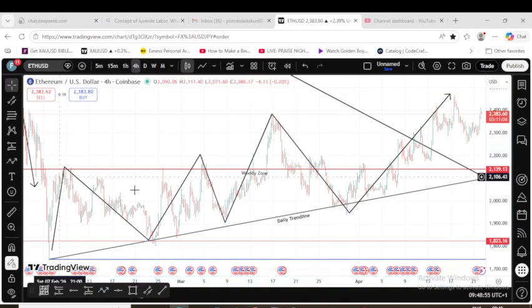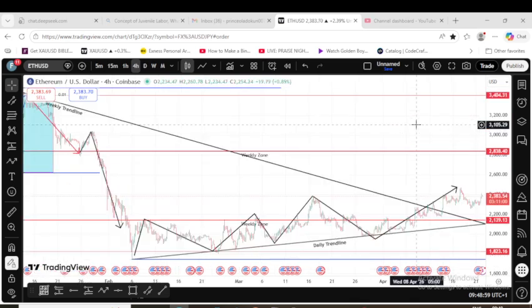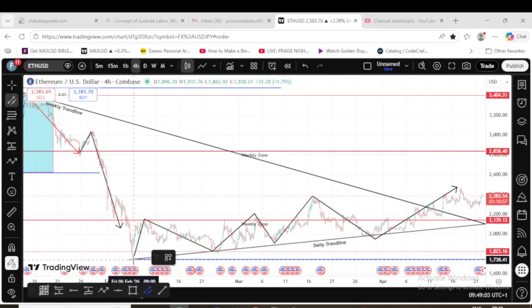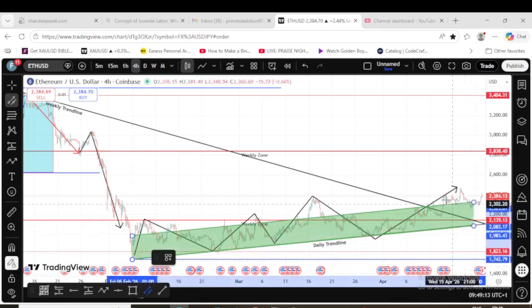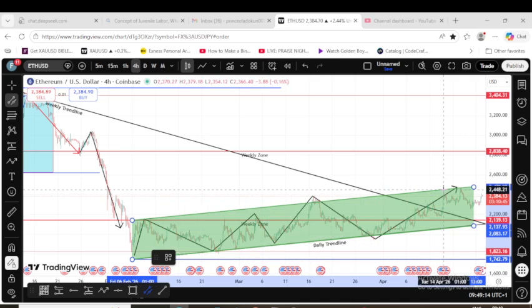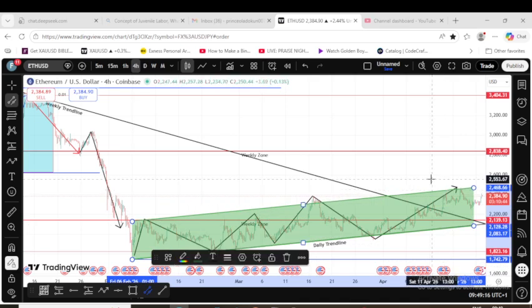Wow, price is still following a proper trend. But I also see, yep, I also see a range, a slanted range.